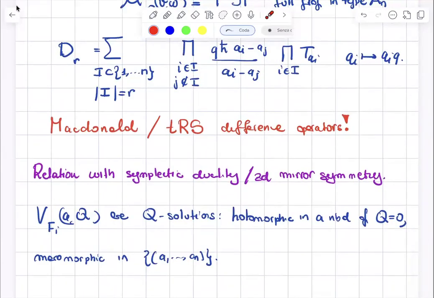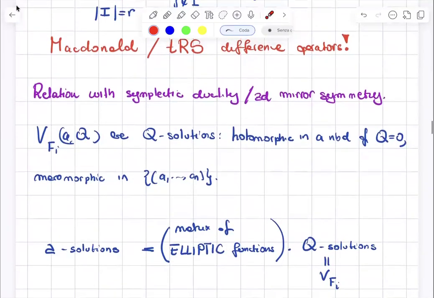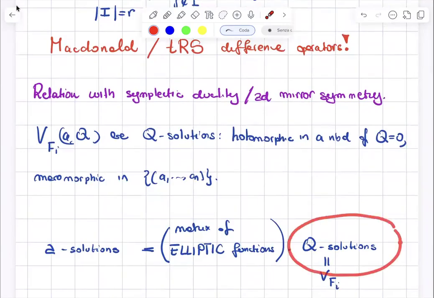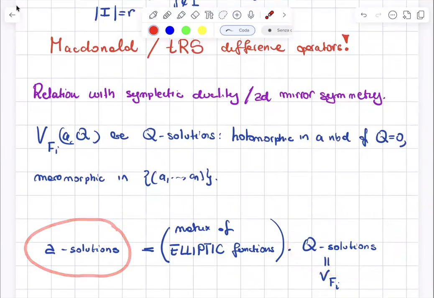So one can ask if the same set of difference equations has a different basis of solutions where the roles of the A's and the Q's are swapped. In general, if we have two different sets of solutions, let's say Q solutions regular in the Q and A solutions regular in the A's, then the two solutions are supposed to be related by some kind of matrix.